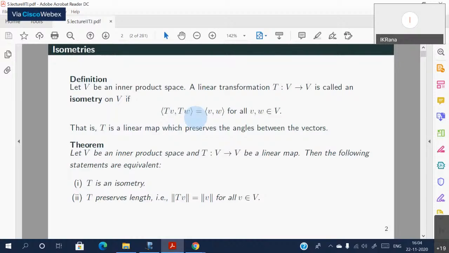Such a thing is called an isometry. So you can think of an isometry as a map which preserves angles.